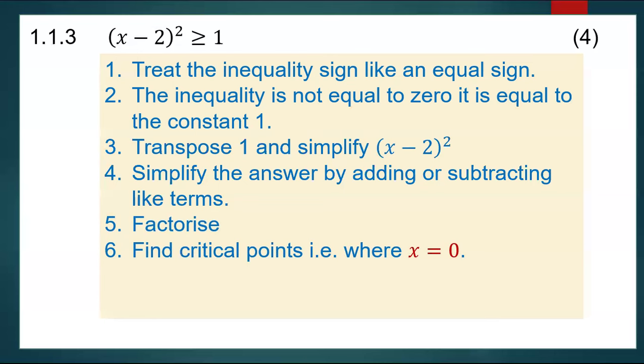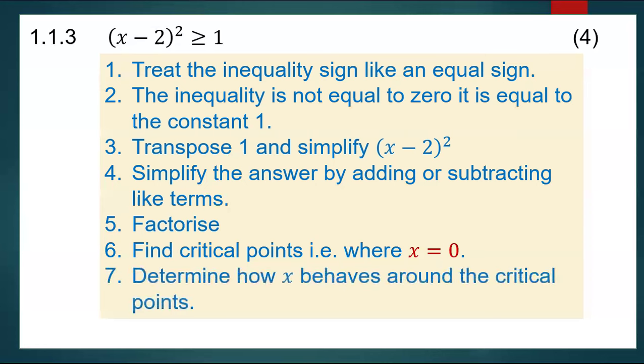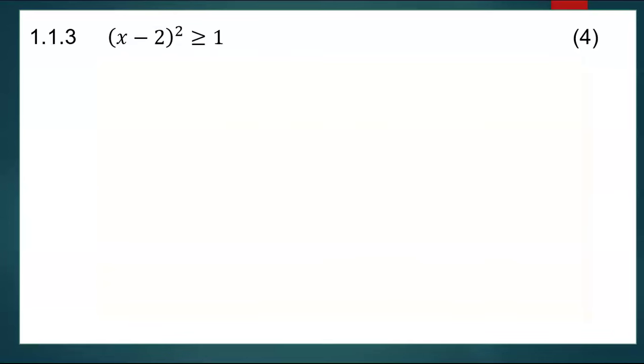The last step, which is step number 7, and this is worth 1 mark, by the way. You need to determine how x behaves around the critical point. I'll show you shortly. Let's get to it. As I've said, you'll notice that 1 is positive.